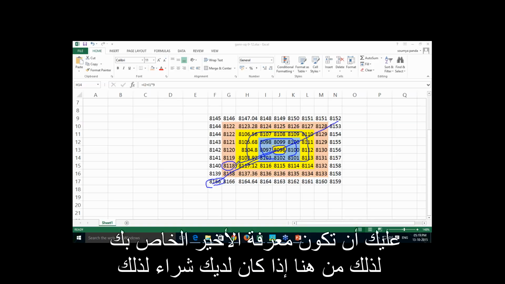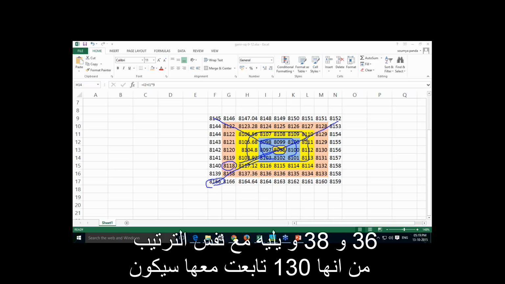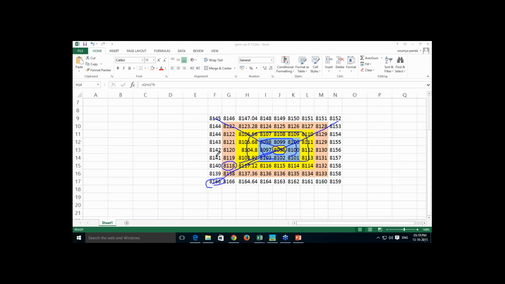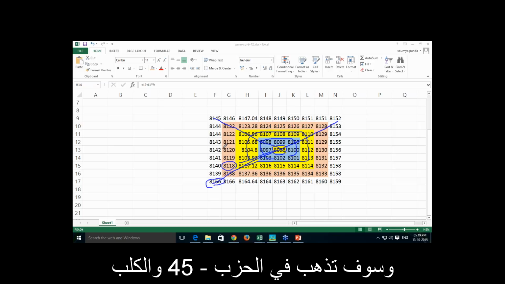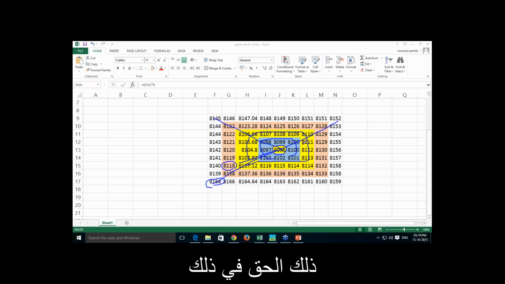If you are buying from here, you will find your first resistance at 8122, followed by the vertical cardinal 8125, followed by 8130, followed by 8136 and 8138, and in the same order it will go to 8142, 8145 and so on. This is how W.D. Gann has told us to understand the spiral and take a trade on that.